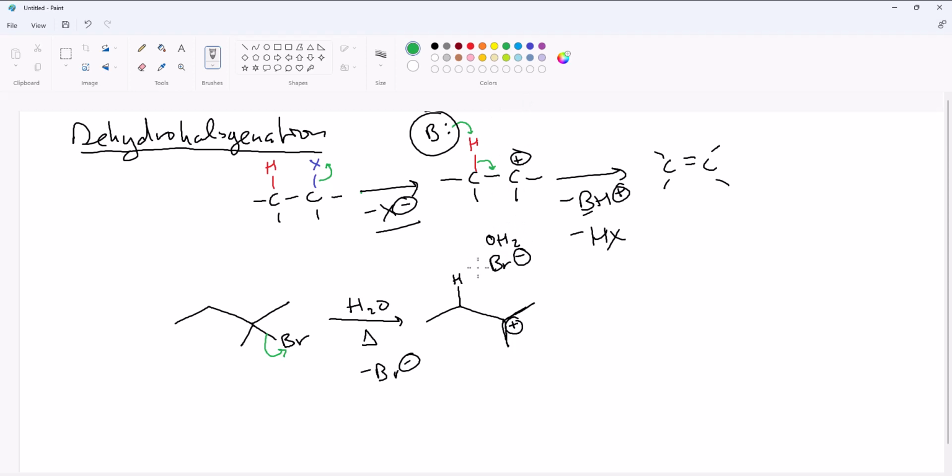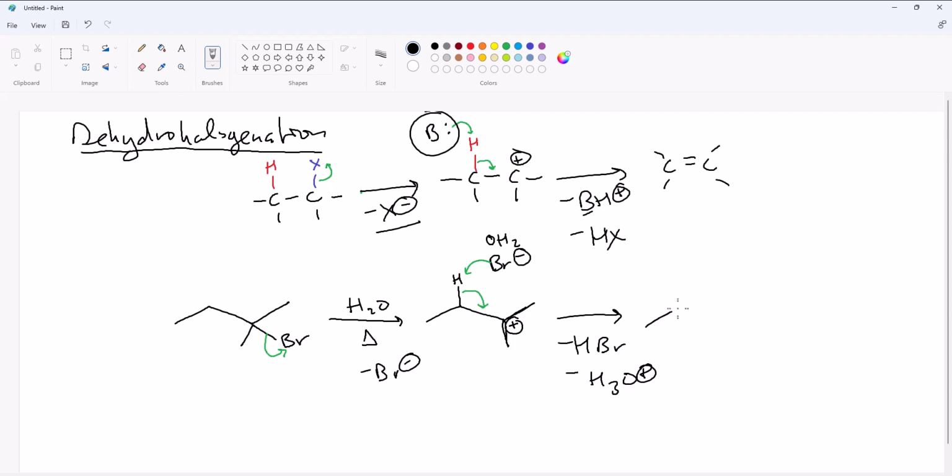It doesn't really matter as long as you have some Lewis base. We have bromide come in, pluck off the H, and push into the C-C bond to stabilize that carbocation and form the double bond. We would lose an equivalent of HBr, or if you used water, you'd lose an equivalent of H3O plus, which upon reaction with Br minus would form H2O and HBr.